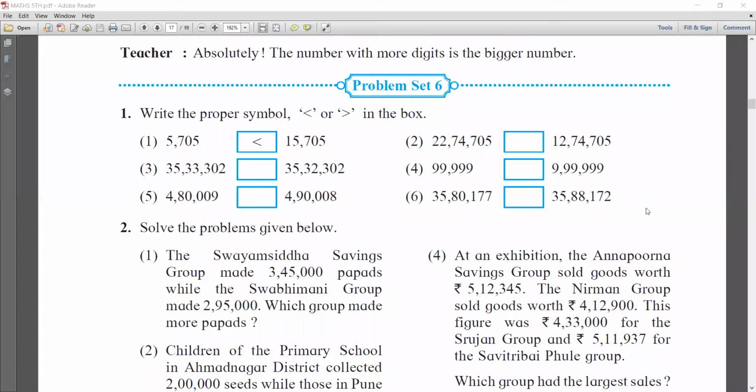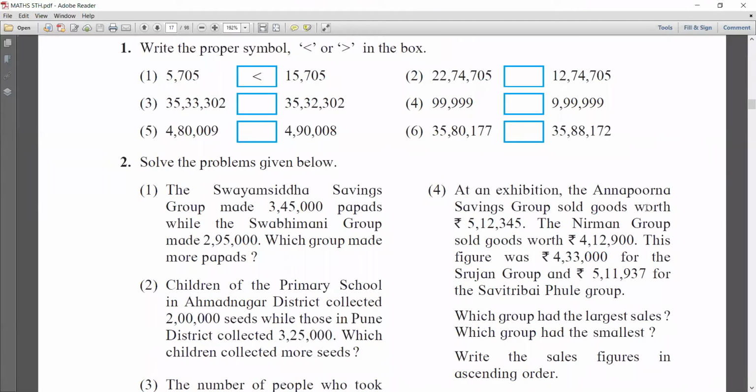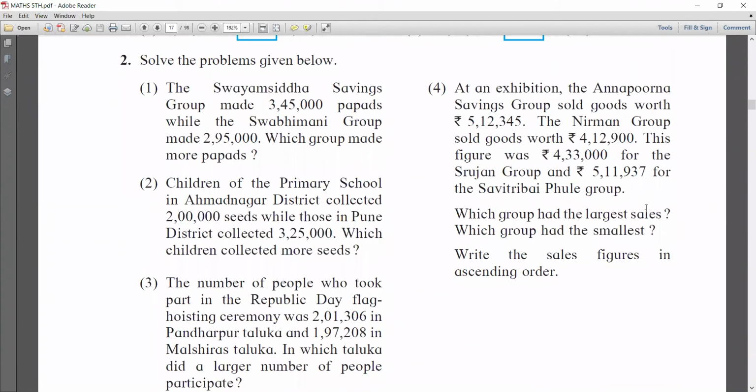Now we will move to the problem sums. In the problem sums, solve the problems given below. These are the problems which are given. We have to read carefully so that we can solve them.